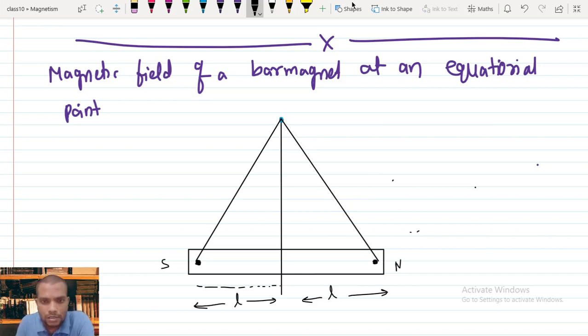Now this is the distance of P from the center, which you can take as r. We can use the Pythagoras theorem to find the value of x, which we can do later. So let it be the magnetic axis that I draw right now. Let me change the color, so it will be a little more attractive and make things clearer.